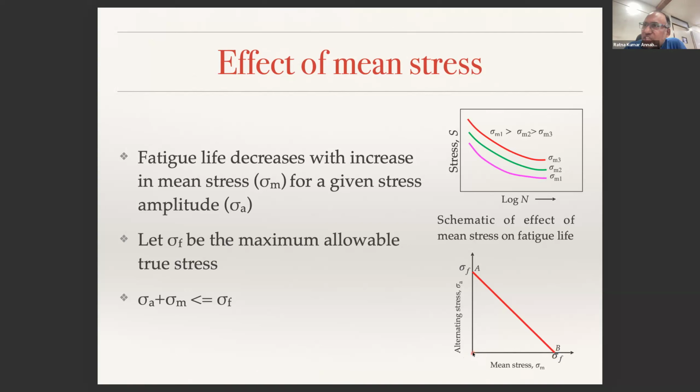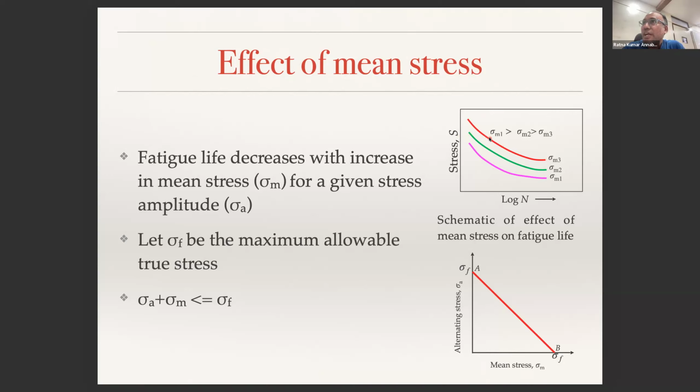Now, if you look at this particular graph, let us say I take a particular life here. For a given life, at sigma m1, the critical stress amplitude is that. That corresponds to the failure stress amplitude for that mean stress.